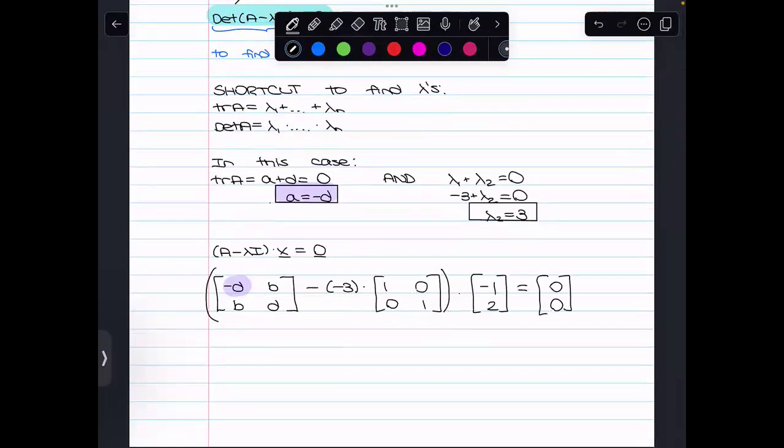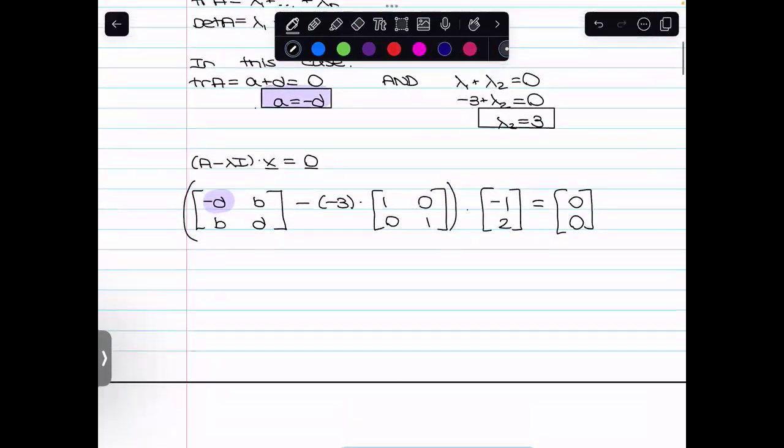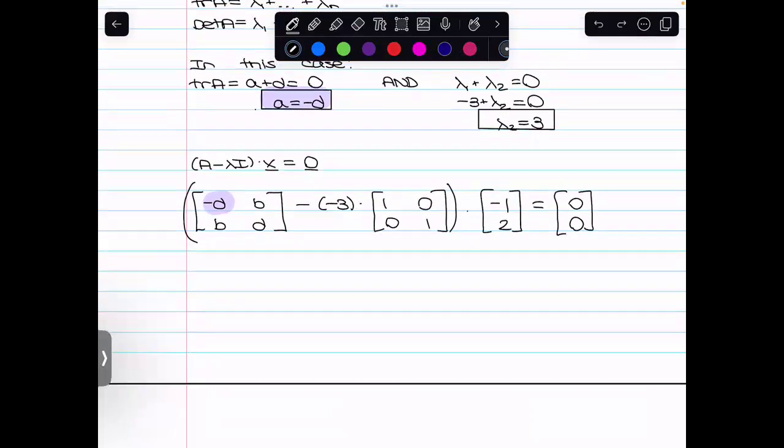So we're going to end up getting a system of equations. If we simplify this, the minus -3 becomes +3.